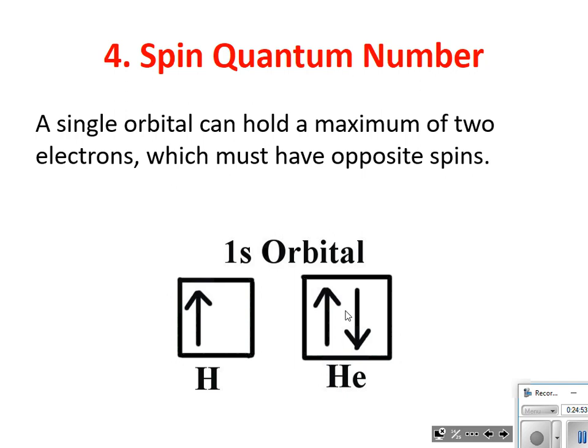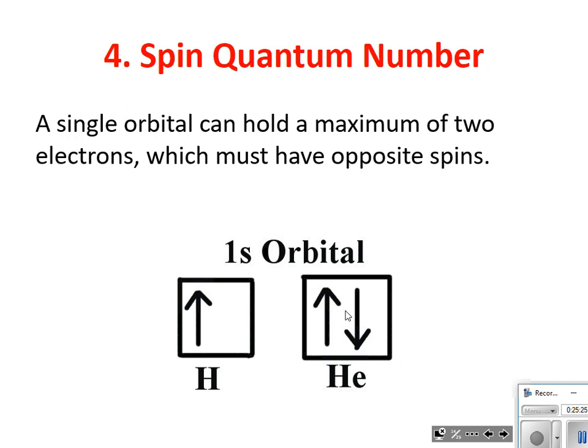Now, let's do some thinking and make some sense of this. How many p orbitals are there? 3. Each orbital can hold how many electrons? 2. So how many electrons can be on that p sublevel? 6. Let's go now to the d. How many orbitals are there on the d sublevel? 5. Each one holds 2 electrons.